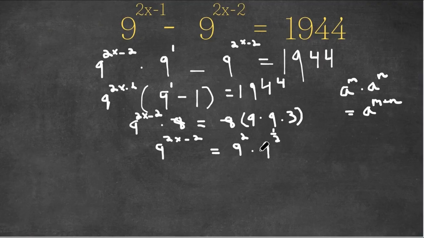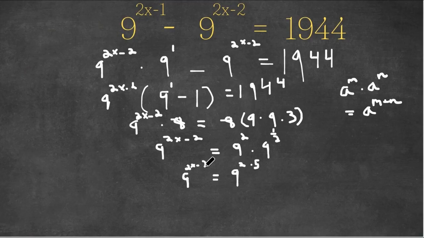So 9 to the power of 2 times 9 to the power of 1/2, this is 9 to the power of 2 plus 1/2. And 2 plus 1/2 is 2.5. So this would be 9 to the power of 2.5.